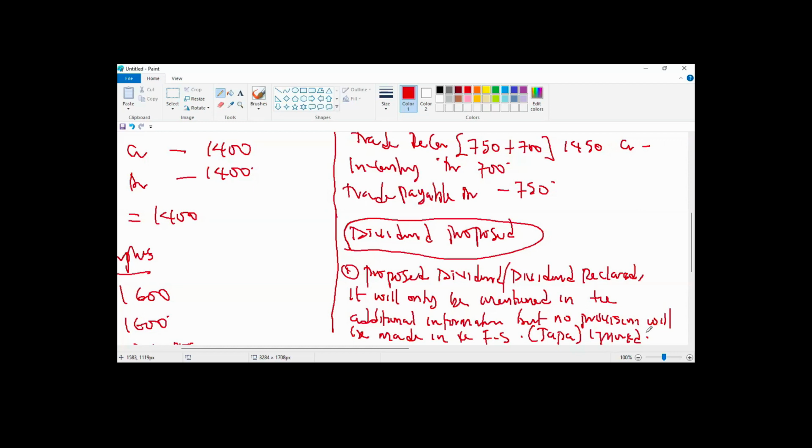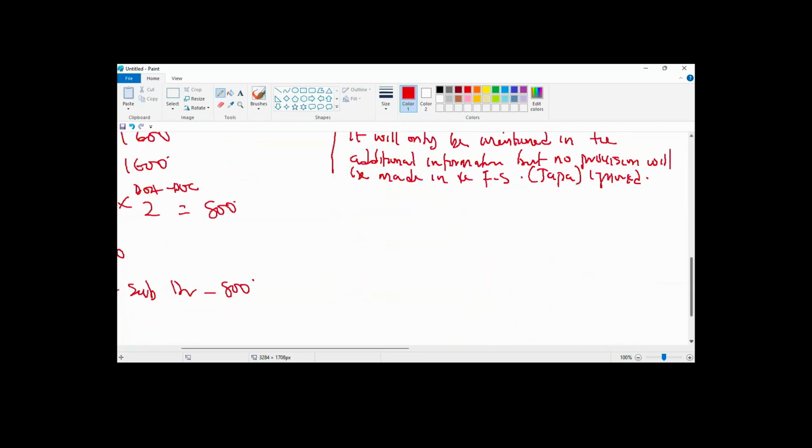The second one that can come in exam: provision will be made in the financial statements, provision for dividend purpose.